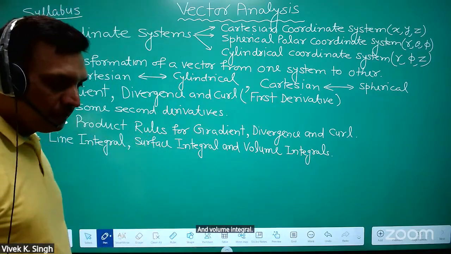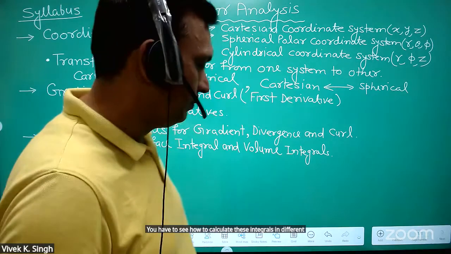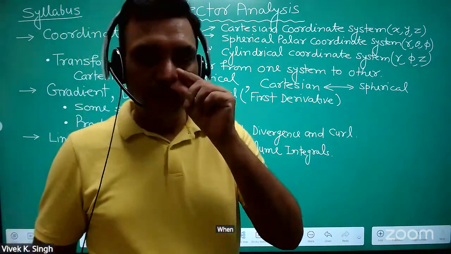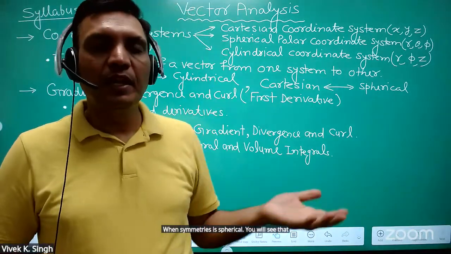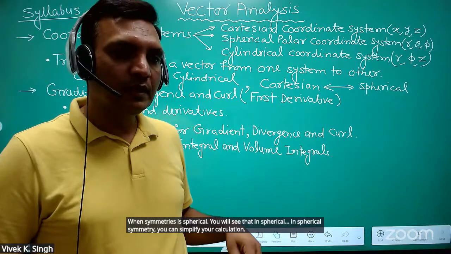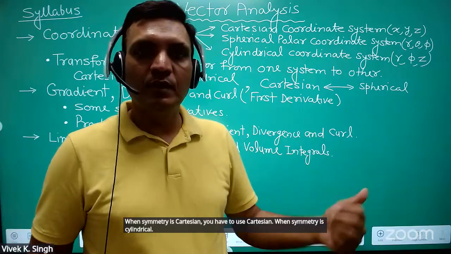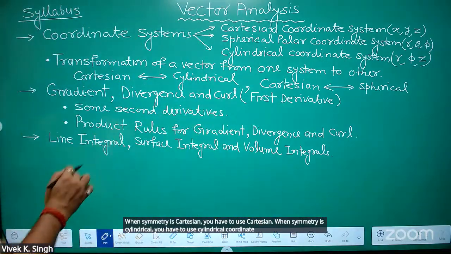You have to see how to calculate these integrals in different coordinate systems. When symmetry is spherical, you can simplify your calculation. When symmetry is Cartesian, you have to use Cartesian. When symmetry is cylindrical, you have to use the cylindrical coordinate system. So we will discuss all those things.